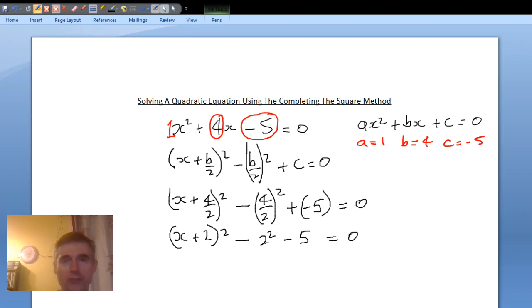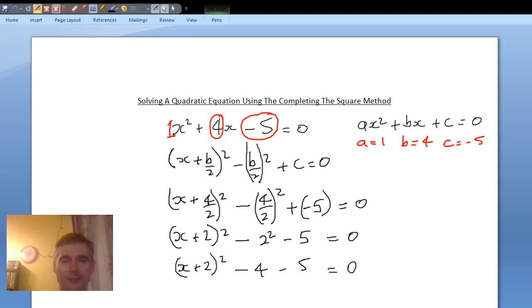Now we're going to tidy all this up, so we'll get x plus 2, because 4 over 2 is equal to 2, all squared, minus, again 4 over 2 is 2, so that's 2 squared, and then plus and a minus sign next to each other make a minus, so minus 5 equals 0. I'm just going to tidy it up a little bit more. 2 squared will turn into 4. So we end up with x plus 2 all squared minus 4 minus 5 equals 0.